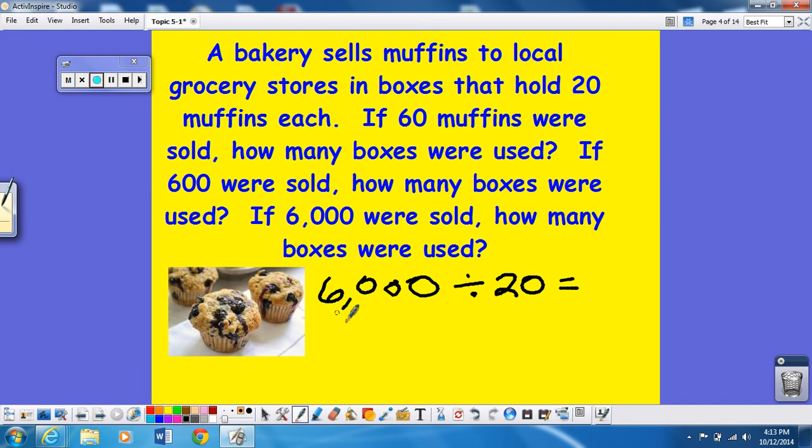Let's find our familiar fact. 6 divided by 2 is 3. Let's cancel because we're dividing. That one cancels that one. Is there anything to cancel these two over here? There's not. So that tells me that these two zeros belong in our quotient. So if 6,000 muffins were sold, that means 300 boxes of muffins were sold.